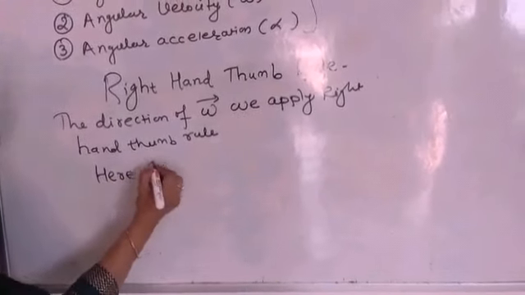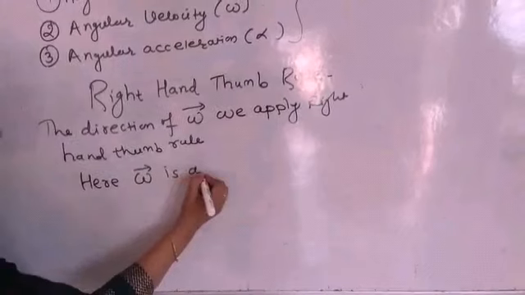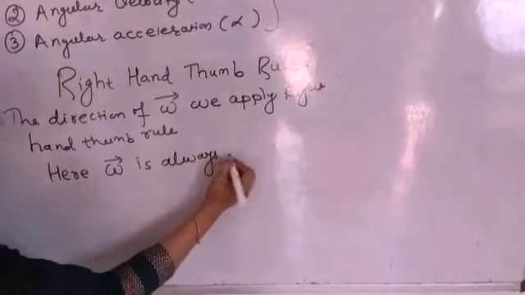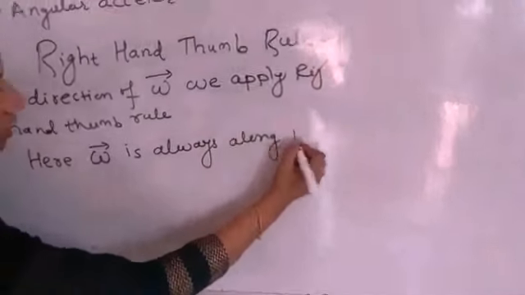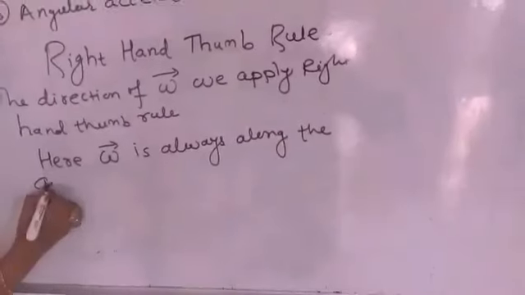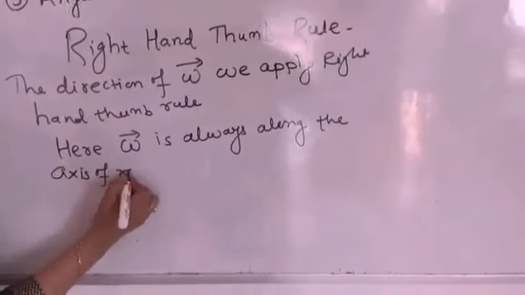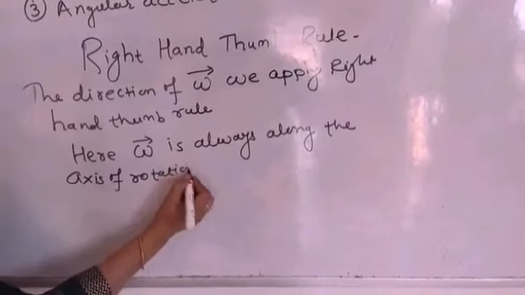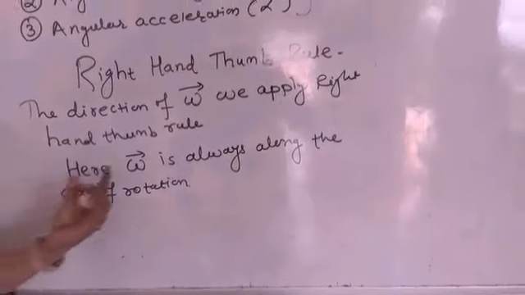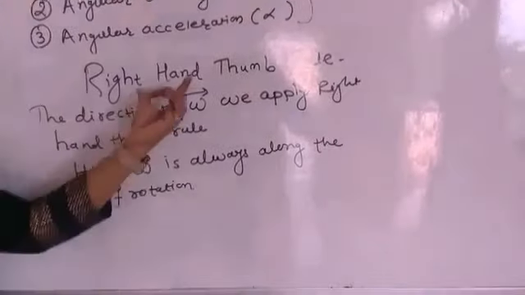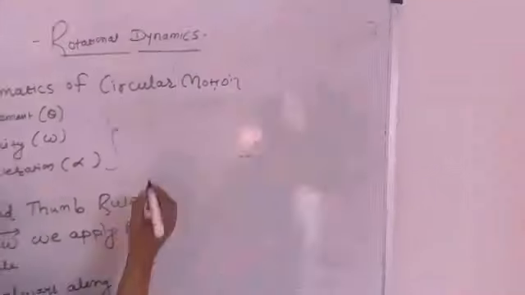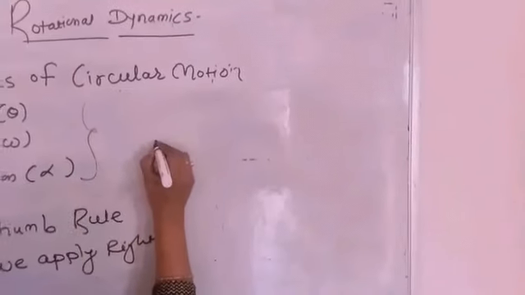Here, omega is always along the axis of rotation. So, the direction of omega is given by the right hand thumb rule.